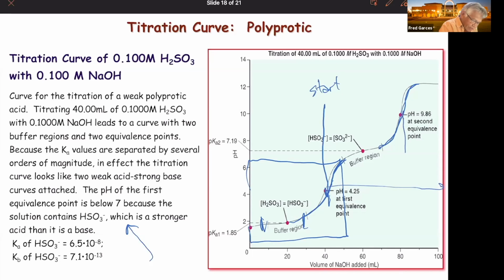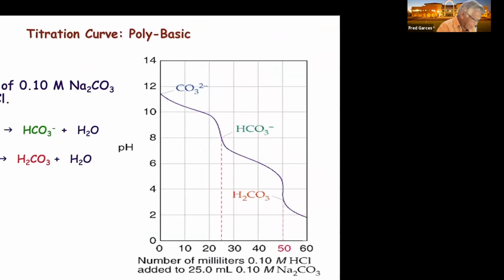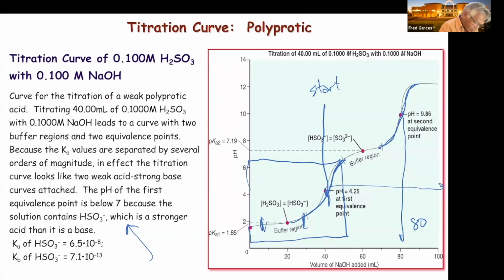If you look at the equivalence volume, 80, well, if you're starting at 40, then the 50% would be 60. At 60 milliliters, the pH equals pKa2, because that's halfway in the second process.